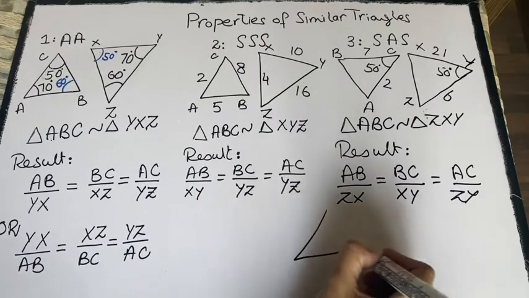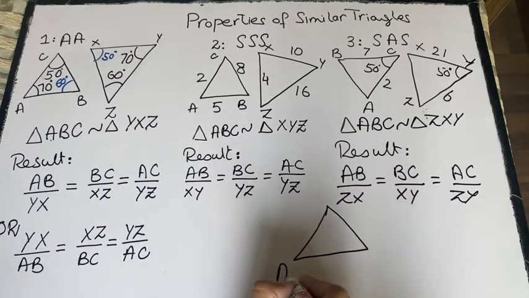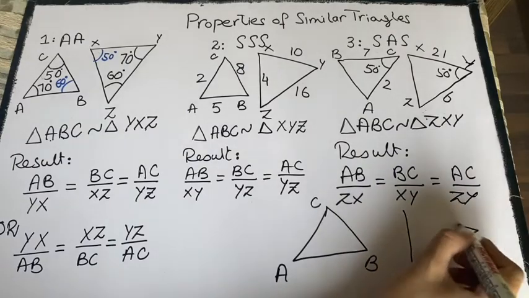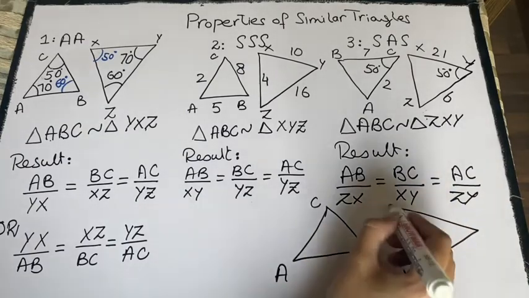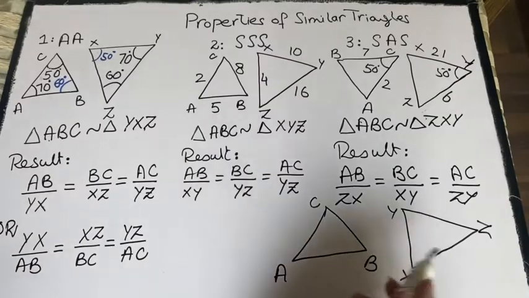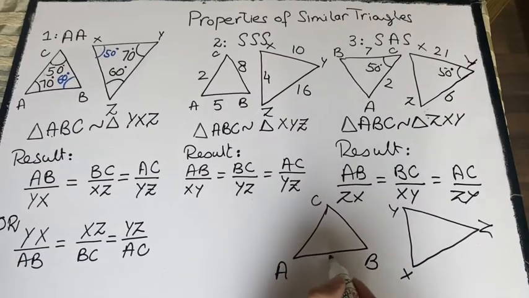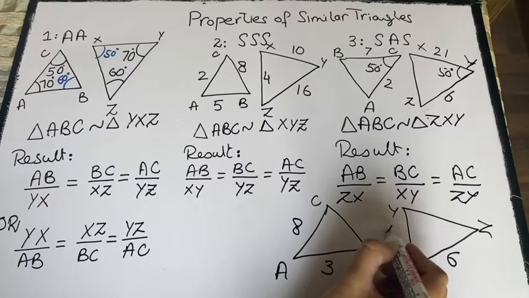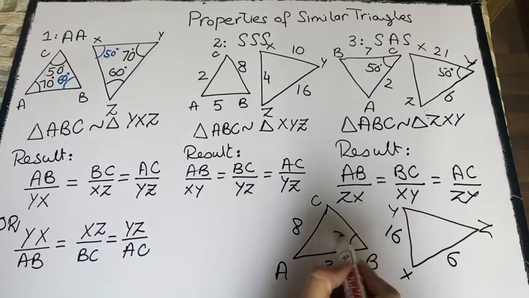If you are given two triangles A, B, C and X, Y, Z, so if you see two triangles are given, let's say the sides are 3 and 8 and here the sides are 6 and 16, angle is 70.